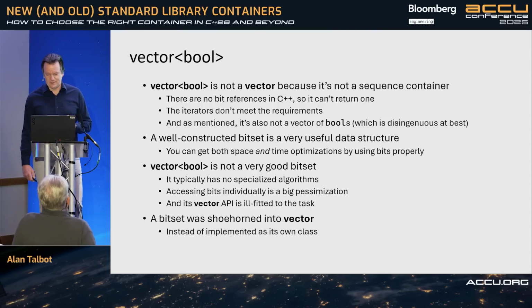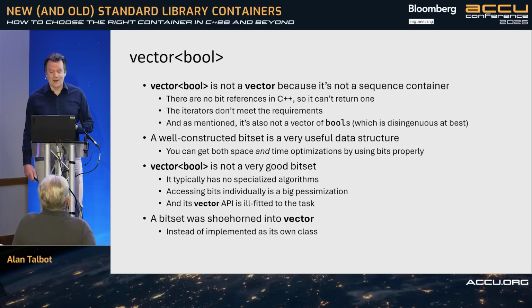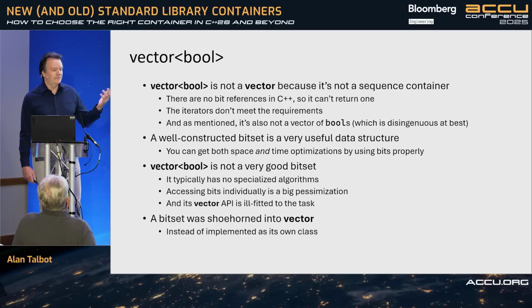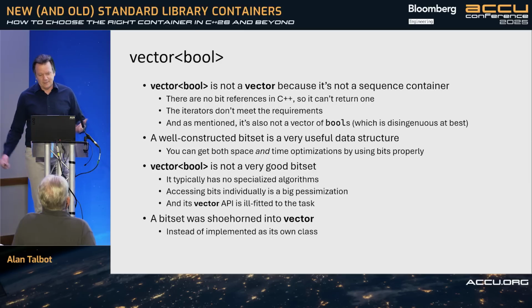Now, there is an exception. libc++, I gather, does, probably due to Howard, but most of them don't. And as I'm sure I don't need to explain, accessing bits individually is a huge pessimization. And it doesn't fit well into a vector. It was shoehorned into vector instead of properly implemented as its own class.